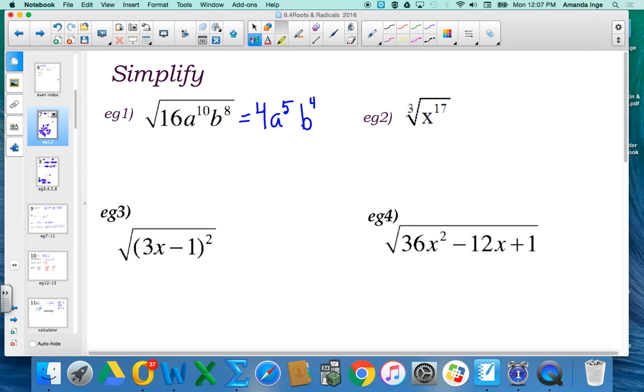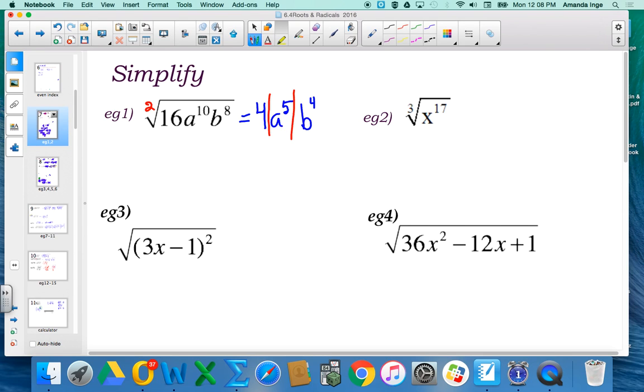We don't need the even, odd rule except for on variables. We don't need it for 4, but this is even, that is even, and this is odd, so we need that. This is even, so we don't need it. Everybody still with me?